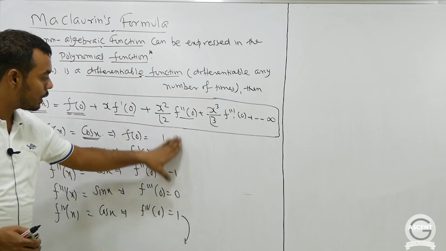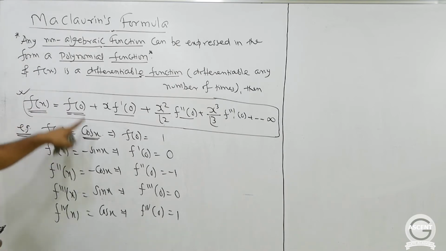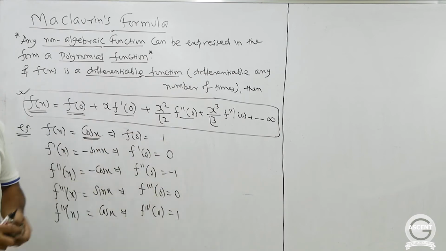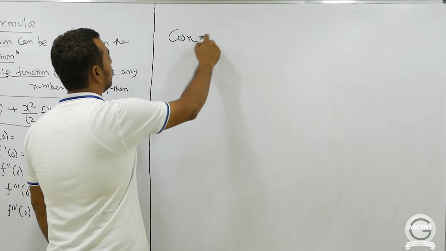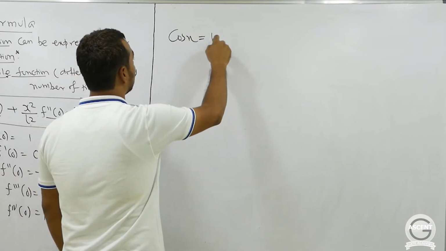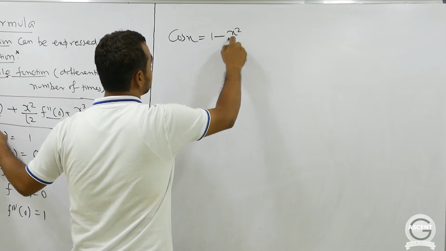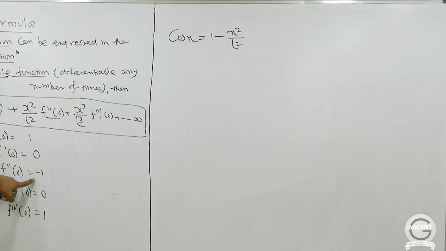So now we are going to substitute these values in this formula. f(x) is cos x, f(0) is 1, f'(0) is 0, second derivative at 0 is minus 1 and so on. If you do that substitution, then you will find that cos x will be 1. This term will become 0, so you will get minus x square by 2 factorial, because second derivative at 0 is minus 1.